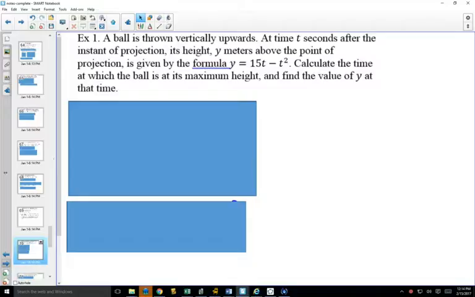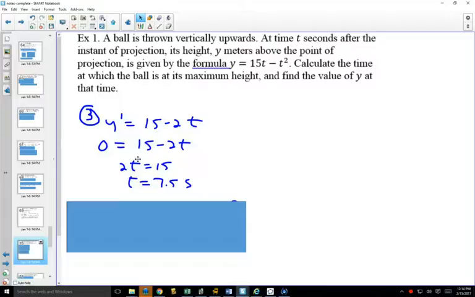Well, we've got a parabola. Can you see that that's a parabola that's opening down? And if you found the derivative of that and set it equal to 0, you would find the time, 7.5 seconds, where this reaches its maximum.